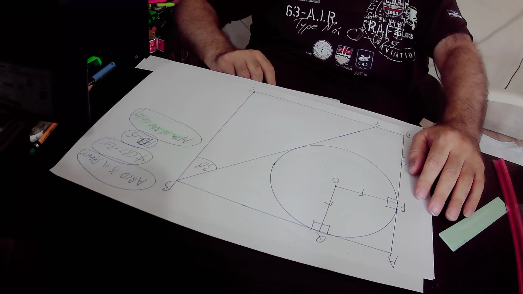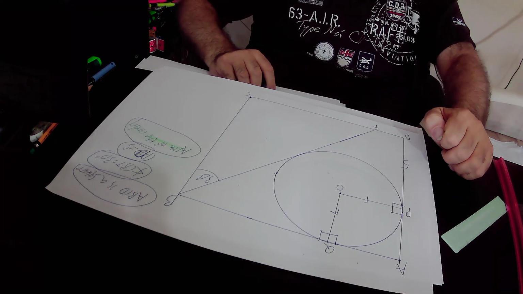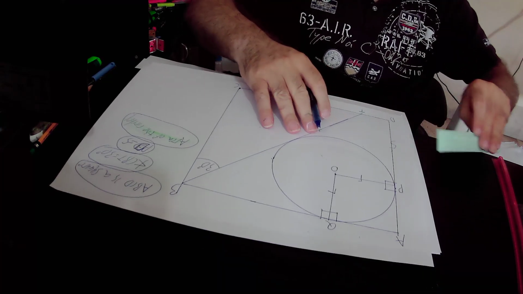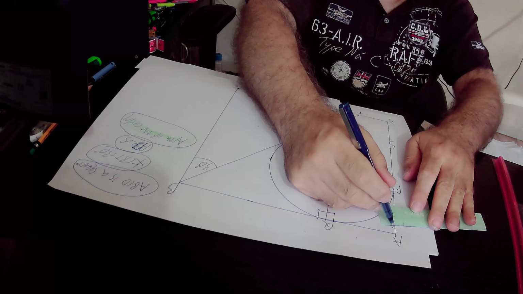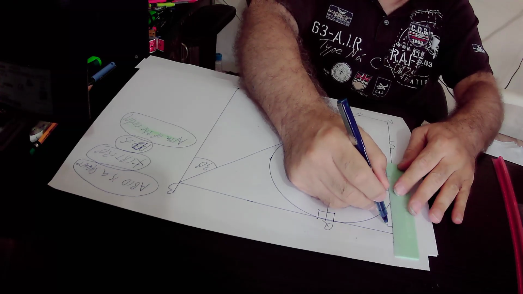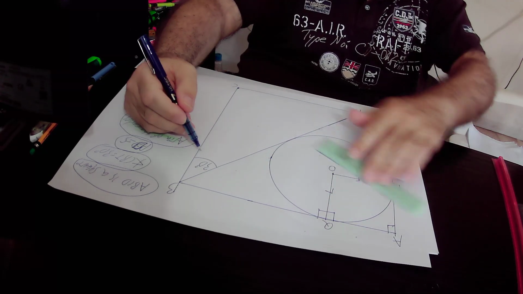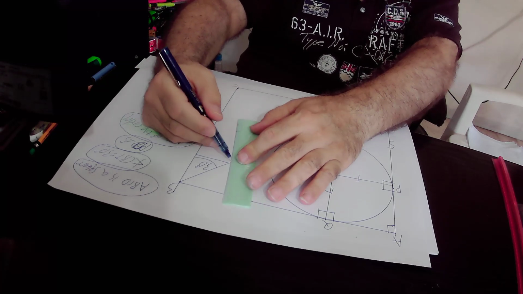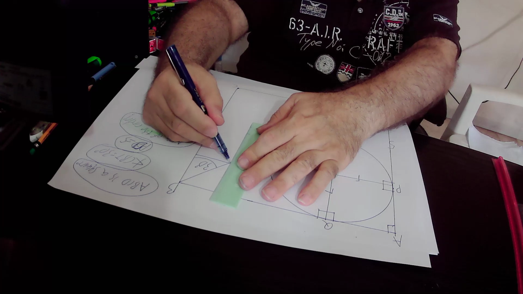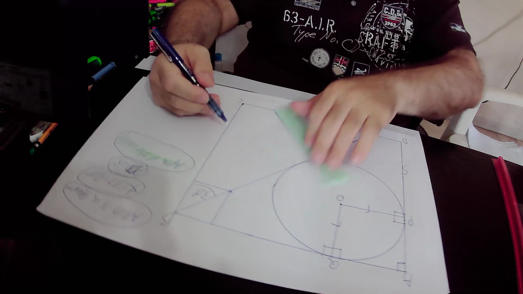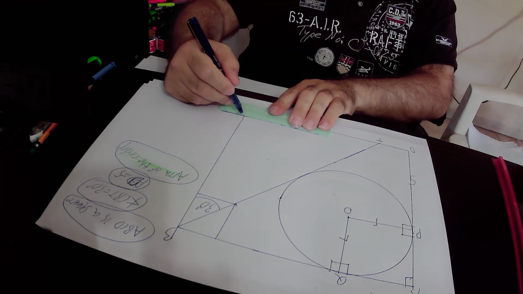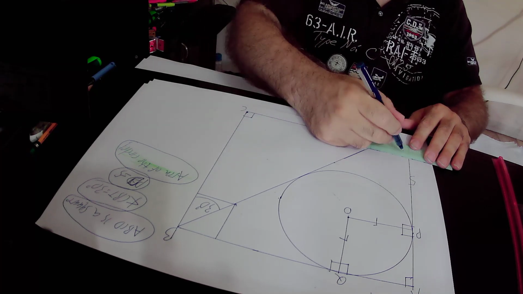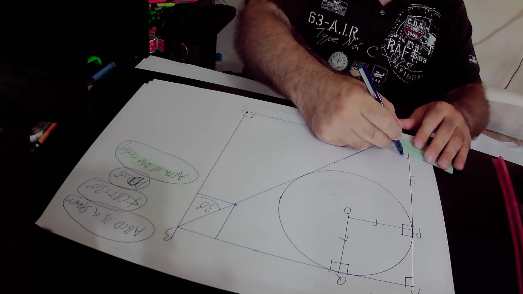We also know that all the angles inside square ABCD are right angles, so this angle equals 90 degrees. This angle is also equal to 90 degrees. This angle is equal to 90 degrees, and finally, this angle is equal to 90 degrees.